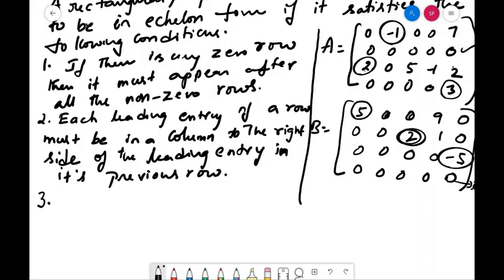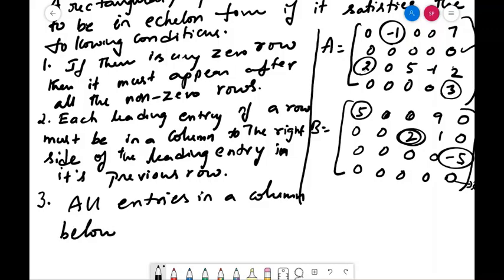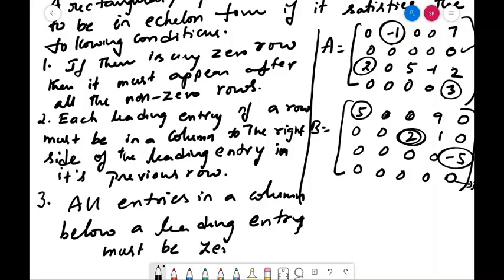What is point 3? All entries in a column below a leading entry must be zeros.